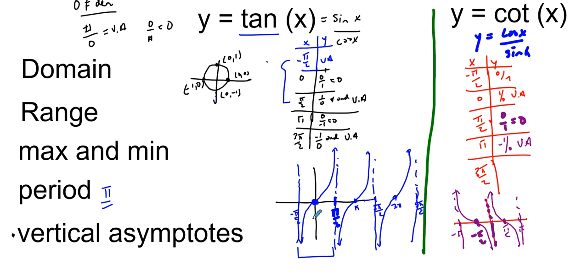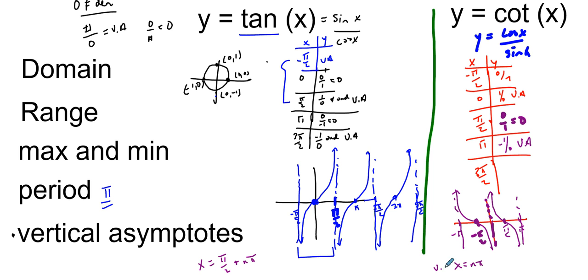Each one of our vertical asymptotes, it appears, is going to be x equaling pi over 2 plus n pi. So every pi over 2 plus n pi will have a vertical asymptote. Over here, really it's just n pi. So every multiple of pi will have a vertical asymptote.